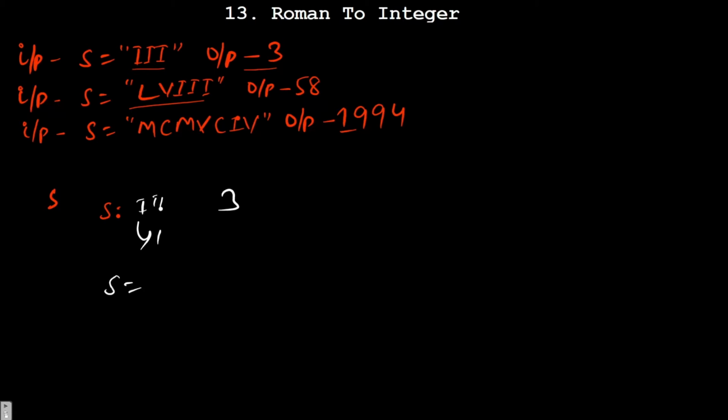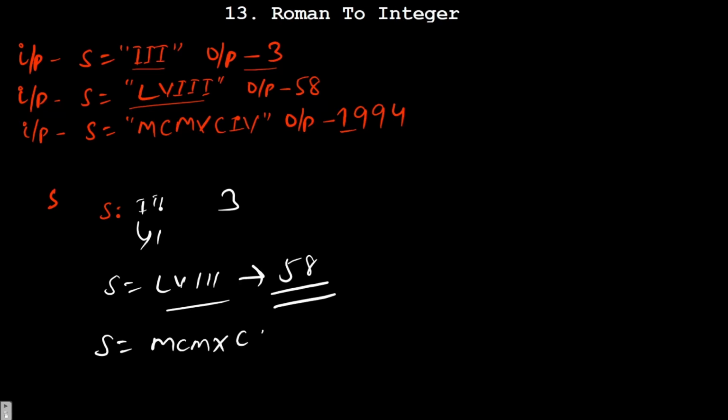For the second input LVIII, this represents the integer value of 58, so we are returning 58. And for the third input MCMXCIV, this represents the value of 1994, so we are returning 1994.